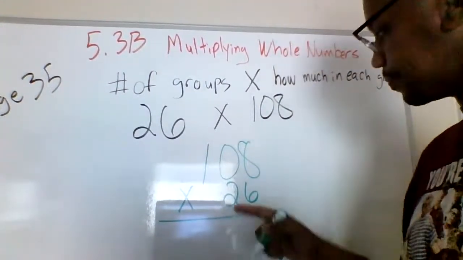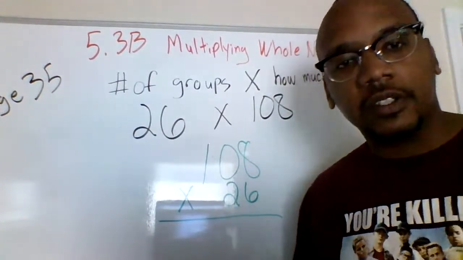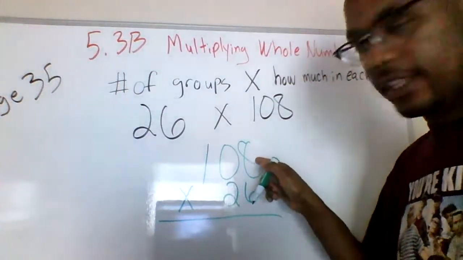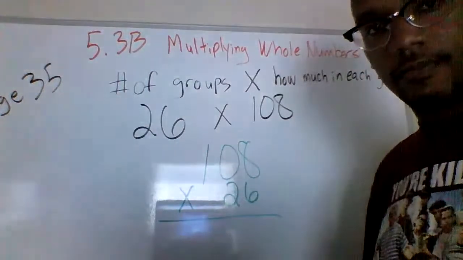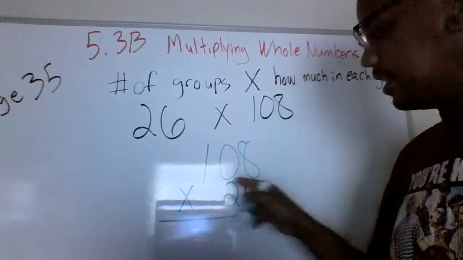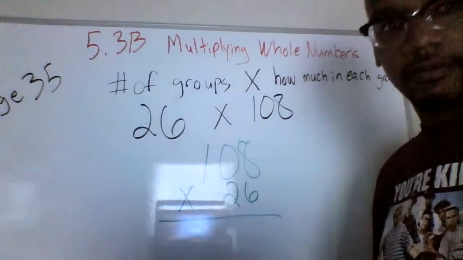But anyway, standard multiplication is every number at the bottom times every number at the top, and you're going from right to left. So every number times 6, then every number times 2, going from right to left.